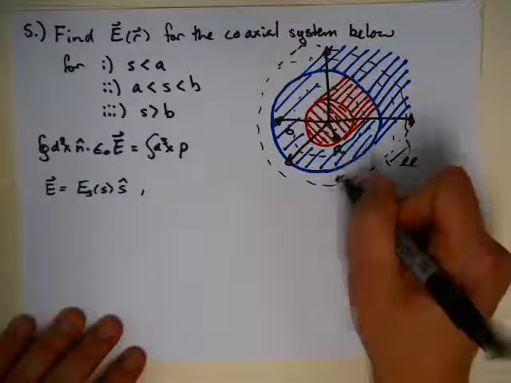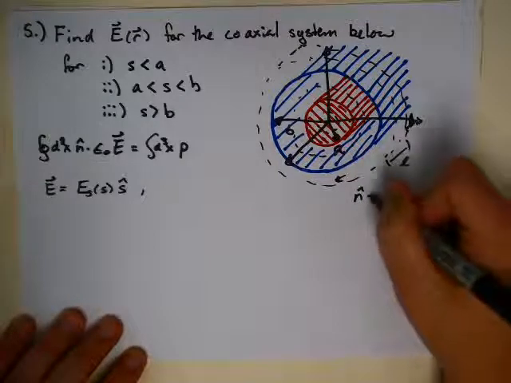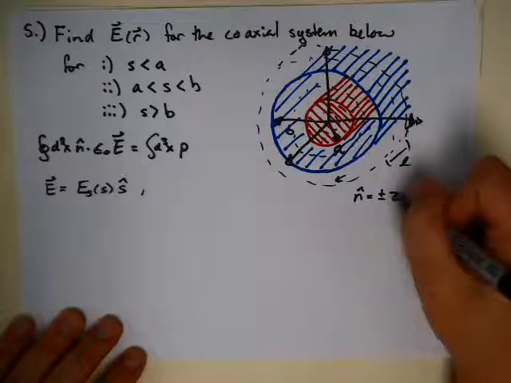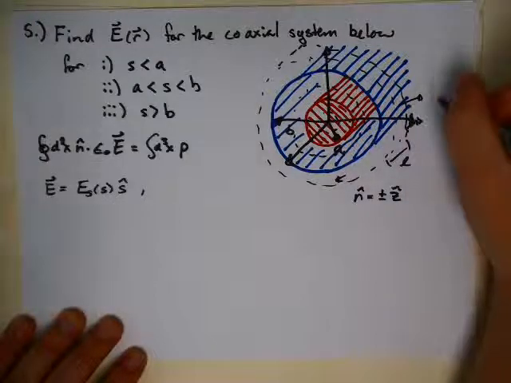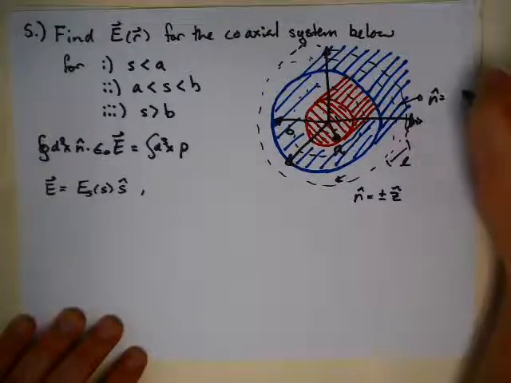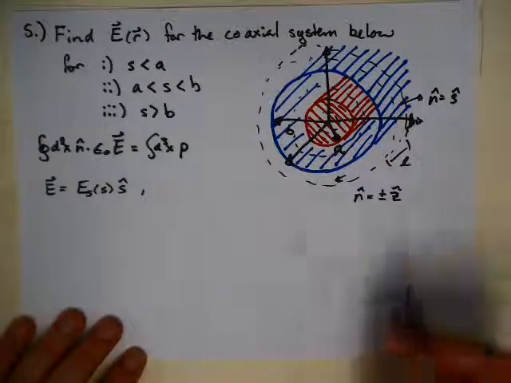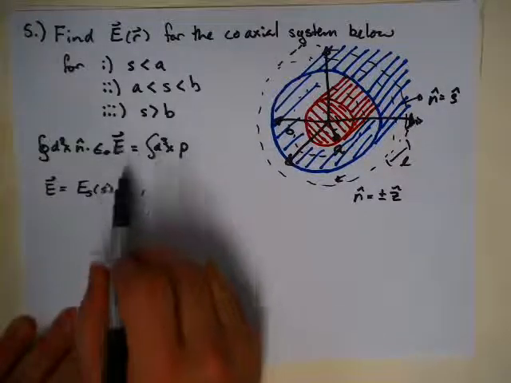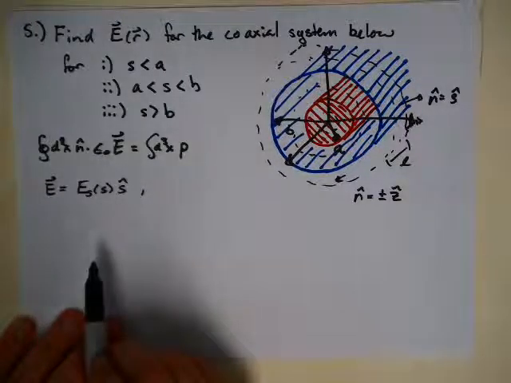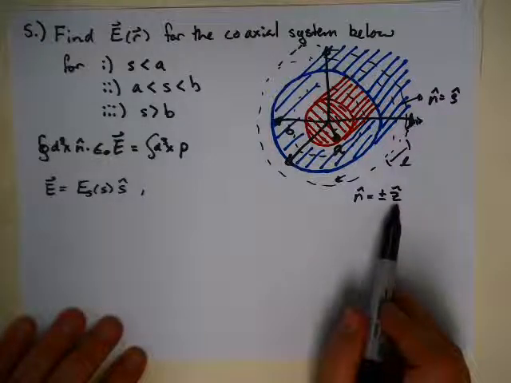A normal on each end cap, which is plus or minus z hat, and a normal that points out of the cylinder, which is s hat. The surface integral of normal dot E is proportional to s hat, through reasons of symmetry. So s hat dot z hat is going to give 0.